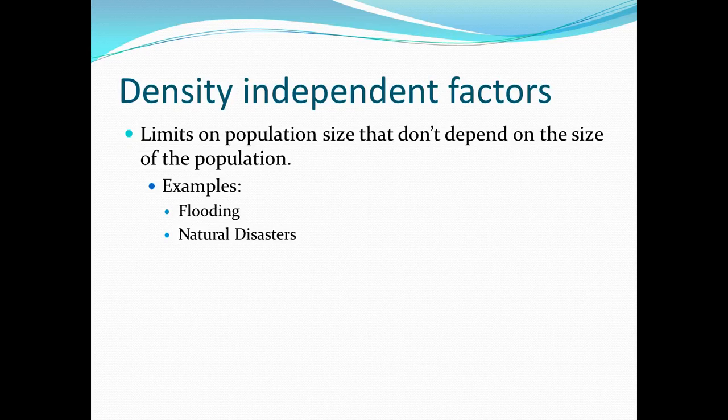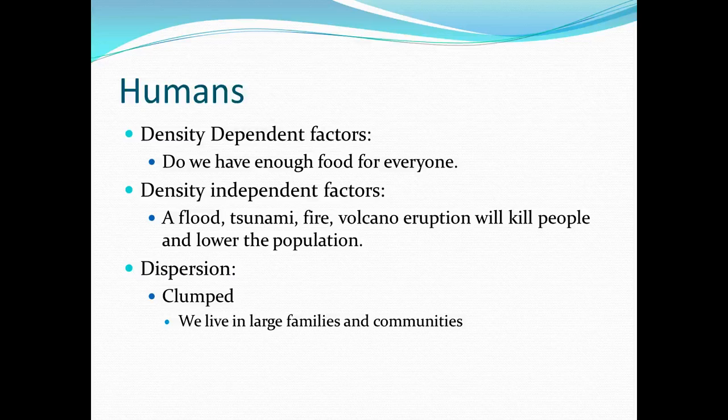So every 10 to 20 years, this population of birds has their population basically cut by 80%. That's going to prevent them from growing to a decent size in population. So that's a density independent factor. Any kind of natural disaster can act as a density independent factor that would limit how big your population can get.